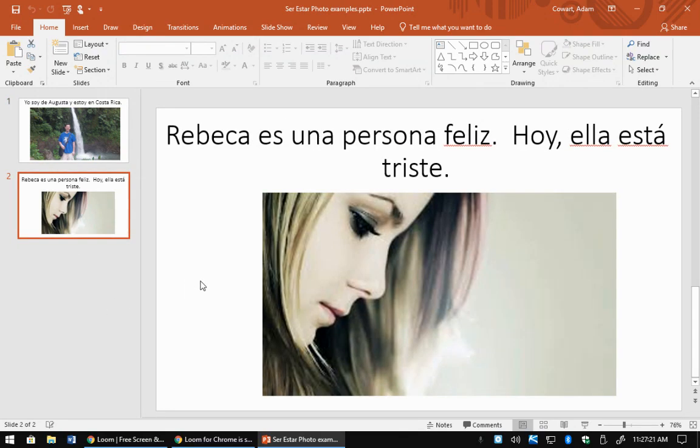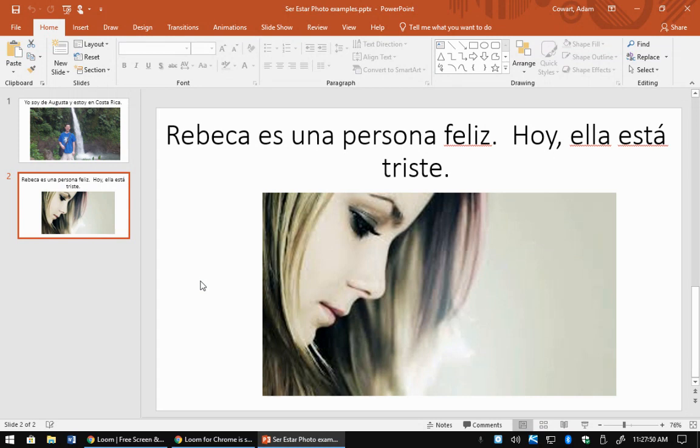Okay, and here's a different example as well. Look at this. Rebecca es una persona feliz. Hoy ella está triste. Okay, so read this carefully and think about what it says exactly. Rebecca is a happy person. Today, she is sad.